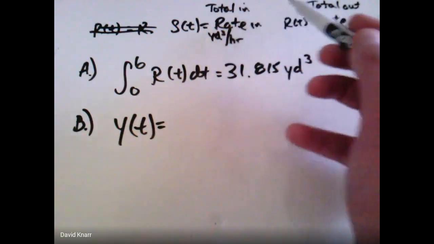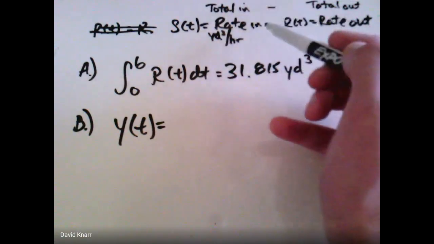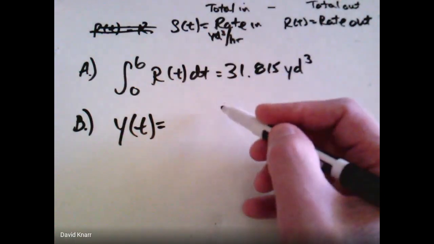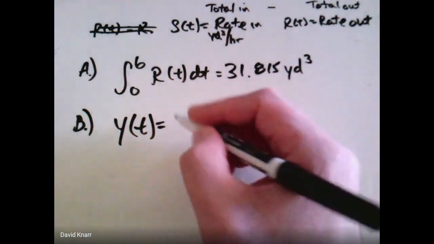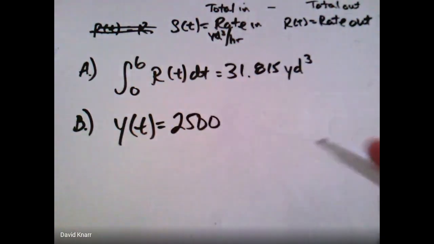To figure out the total amount on the beach, I would need to know the total in minus the total out, correct? That's pretty much logically how it should go, but I also have to consider the 2,500 because it wants to know the total number of cubic yards of sand on the beach at any time t.